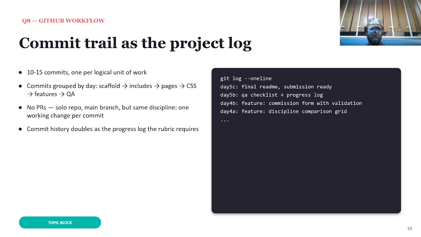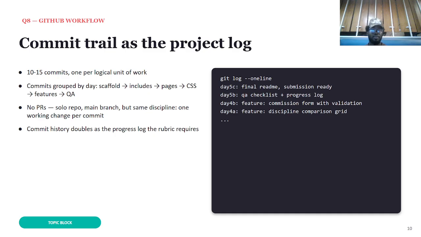Also, because I did this solo, there's not really any pull request review cycle. It's a single repo on main, but I held myself to the same discipline I would in a group. Every commit is one working logical change with a descriptive message, not just a giant end-of-day dump.